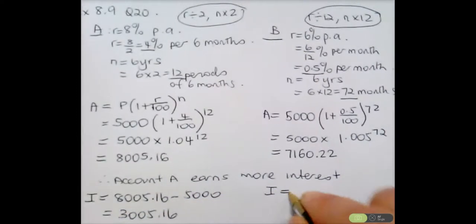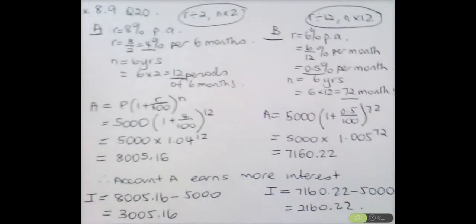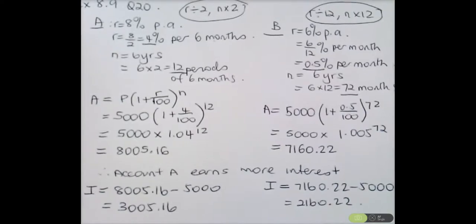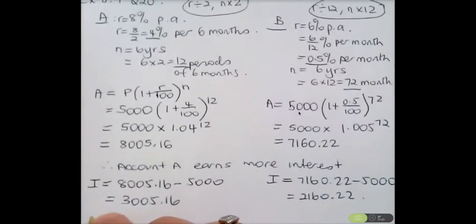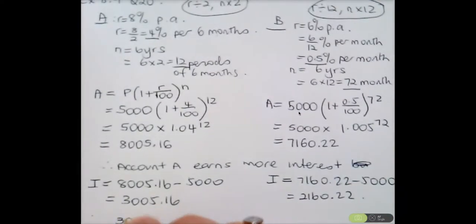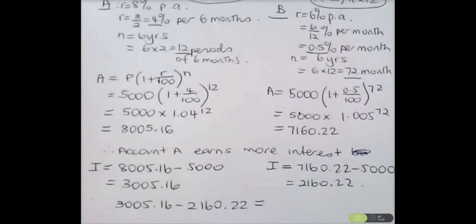And the interest for account B is going to be $2,160.22. Okay, so account A earns more interest. It says by how much, so we just subtract, and you get, I don't know what you get, it's 800 and something dollars.